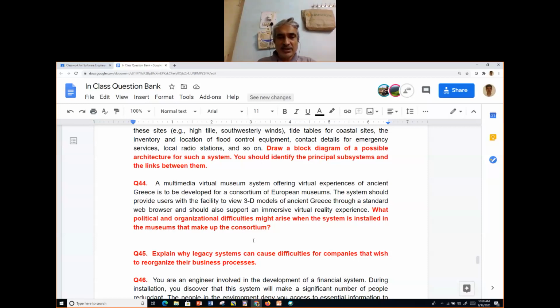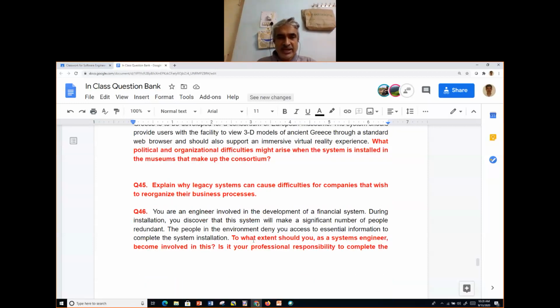Another thing: you are an engineer involved in the development of financial systems. During installation, you discover that the system will make a significant number of people redundant. The people in the environment deny you access to essential information to complete the system installation. To what extent should you, as a system engineer, become involved in this?